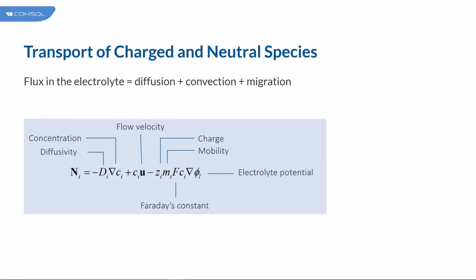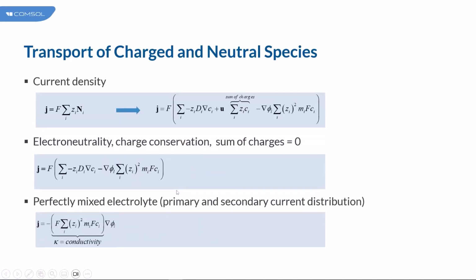So the flux N is given by this diffusivity term and the concentration of ion. Then we have the convection term, and then we have the migration term. Then if we have several species, the current density is the sum of all these fluxes. And as you can see, you have the sum of the charges as a term connected to the convection part.